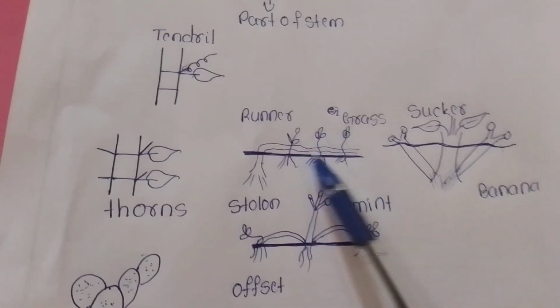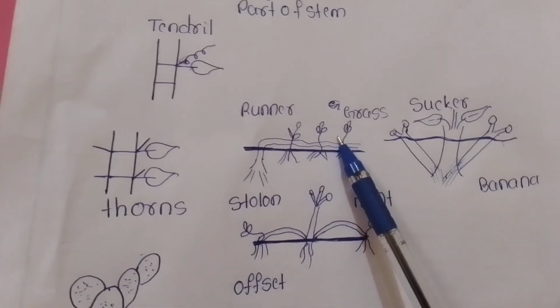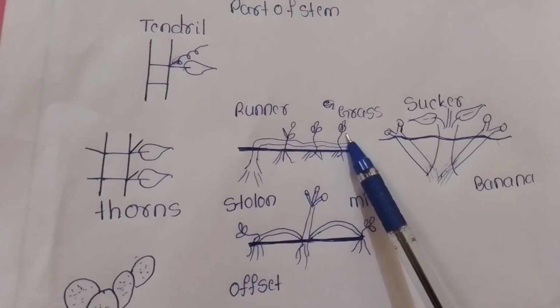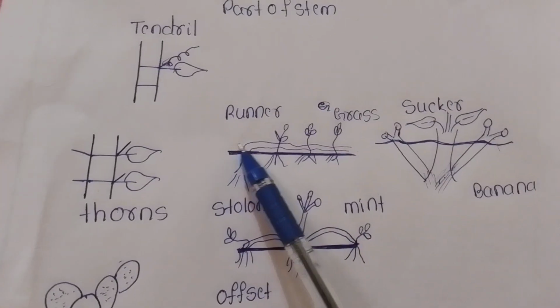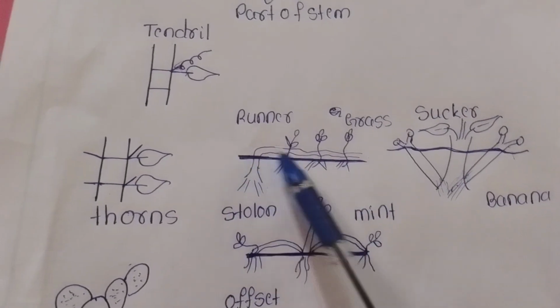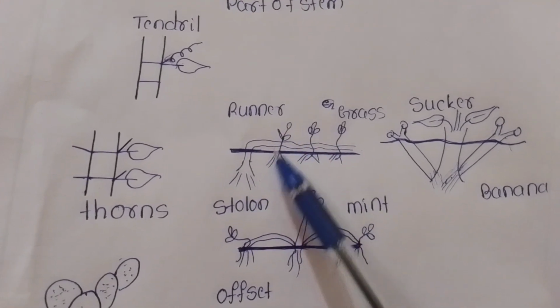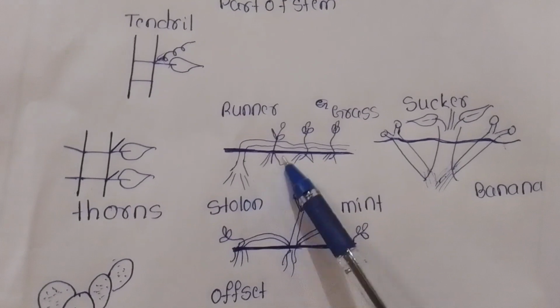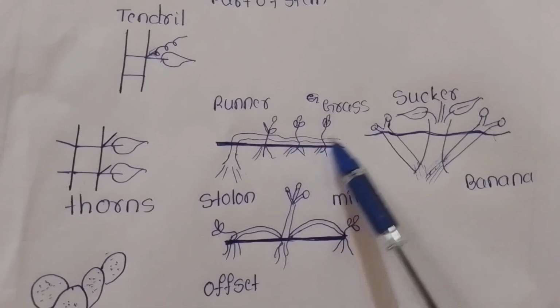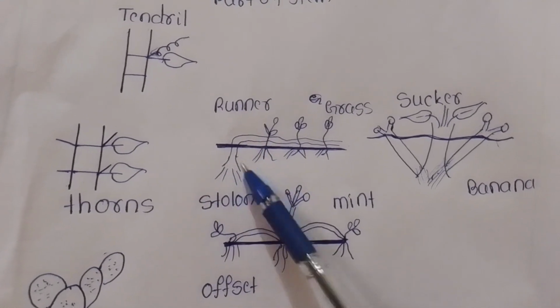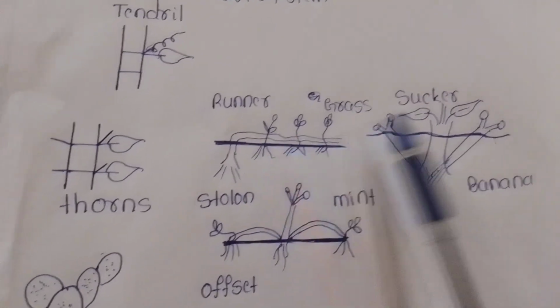The examples are grass and strawberry. This is the main stem. Attached to the main stem, several new plants are formed. When this stem becomes older, it dies and the new plants remain.